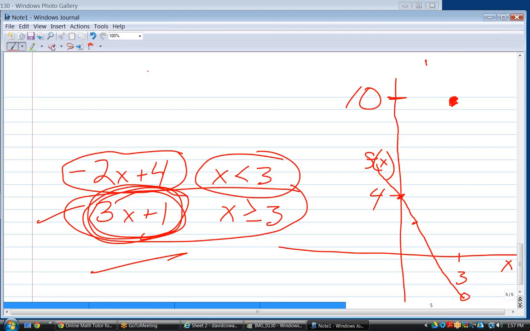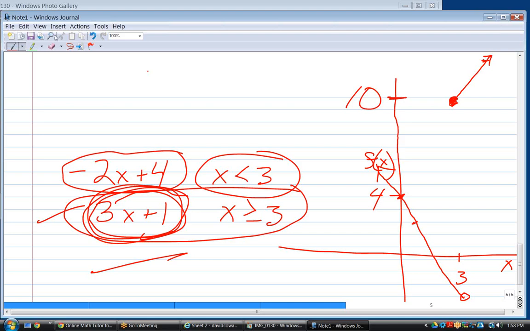So which way do I have to go? To the right. And it stops right there. So I could put an arrow in that direction, and an arrow in this direction, meaning it goes to infinity in both directions. But there's the graph of this piecewise function.